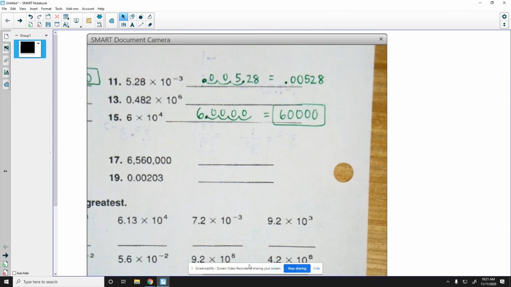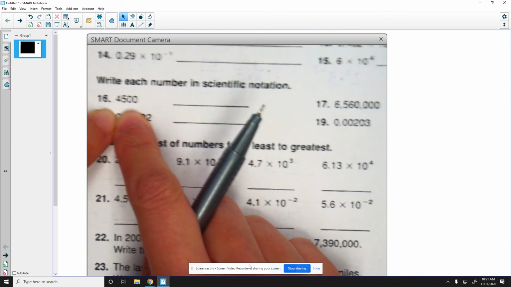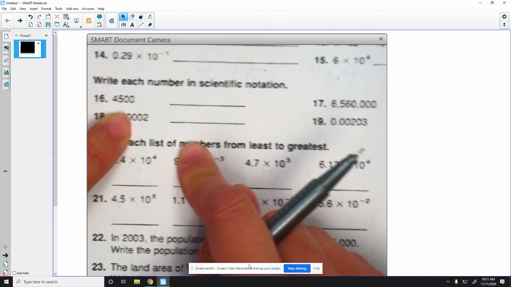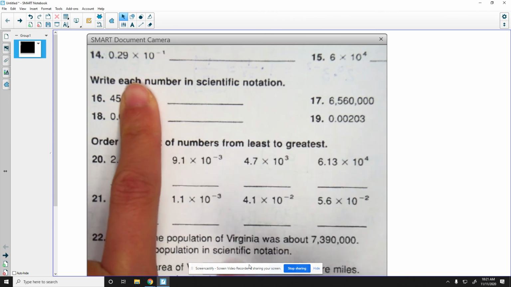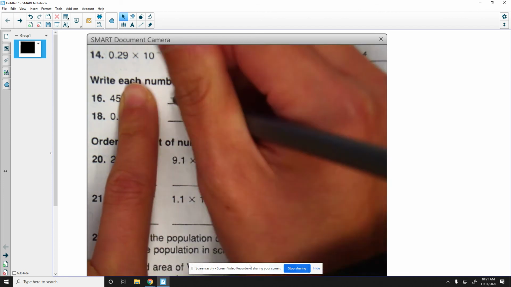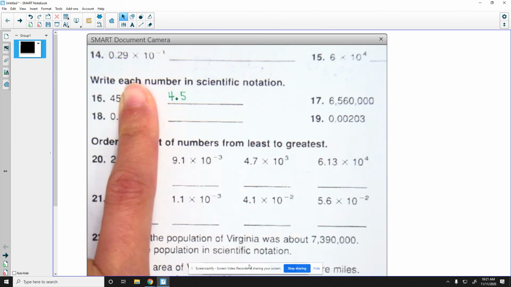Okay, all right. Now let's write it in scientific notation. You're going backwards. They give you the answer and you have to write what the problem is. What I normally tell my 8th grade math kids is, cover up all your zeros. For it to be written in scientific notation, you have 1 number, then 1 decimal, and then everything after. So your first number is 4, then you put a decimal, and then everything after, which is just 5.